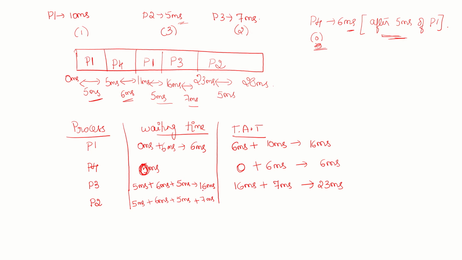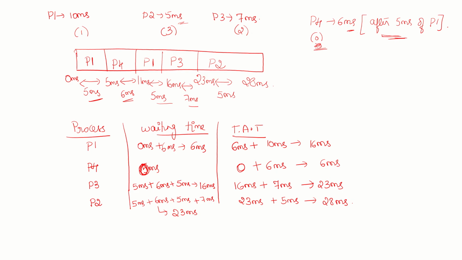So the total if you calculate it is 23 milliseconds. So the turnaround time is 23 milliseconds waiting time and the execution time for P2 is 5 milliseconds. So here it is 28 milliseconds.